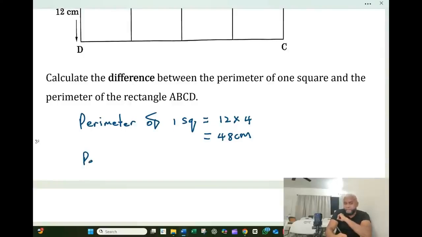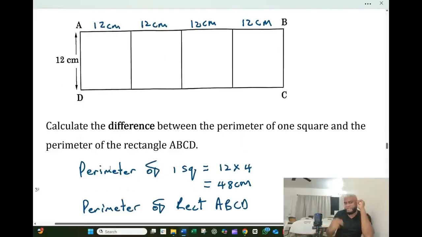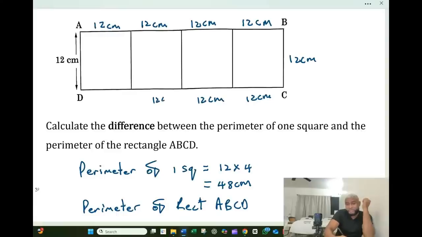Now the perimeter of the rectangle ABCD. I can put all the sides around here, all of them will be 12 cm.